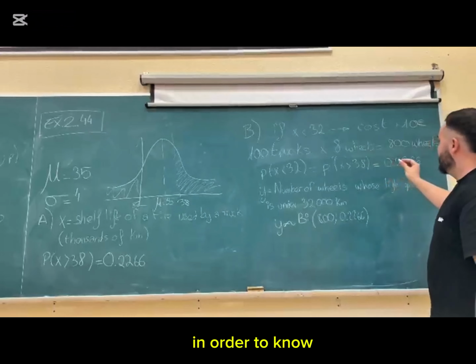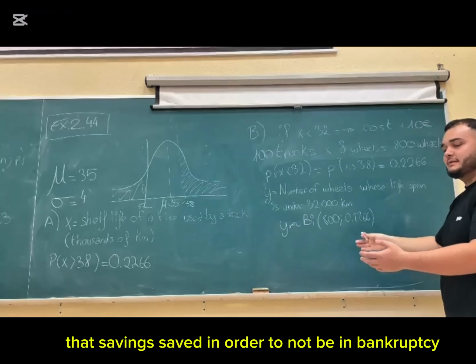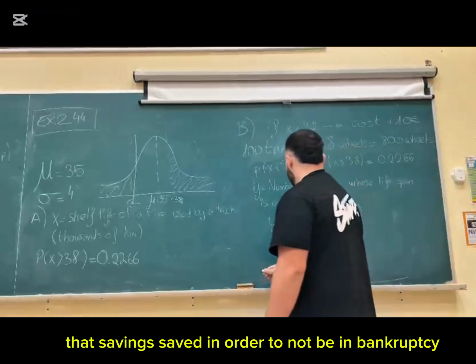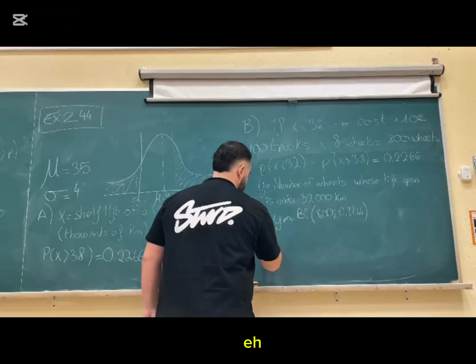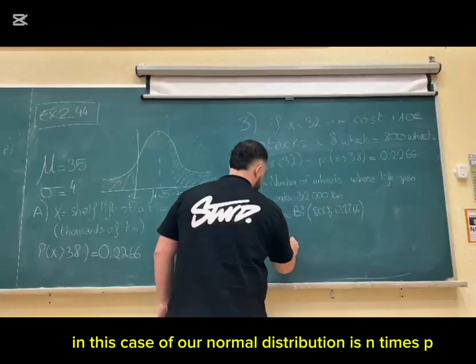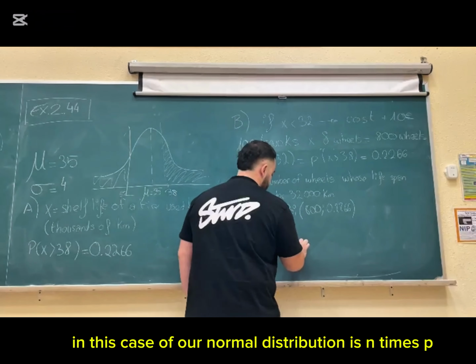Okay, so now that we have the distribution of the variable, we have to calculate the expected value in order to know which is going to be the expected cost and have that saved, in order to not go bankrupt. So the expected value of Y in the case of a binomial distribution is n times p.